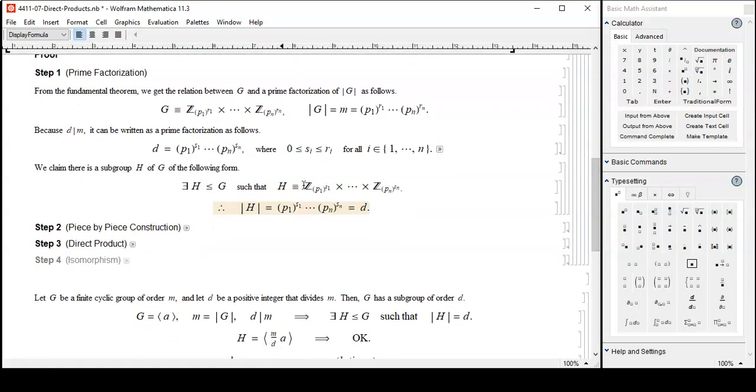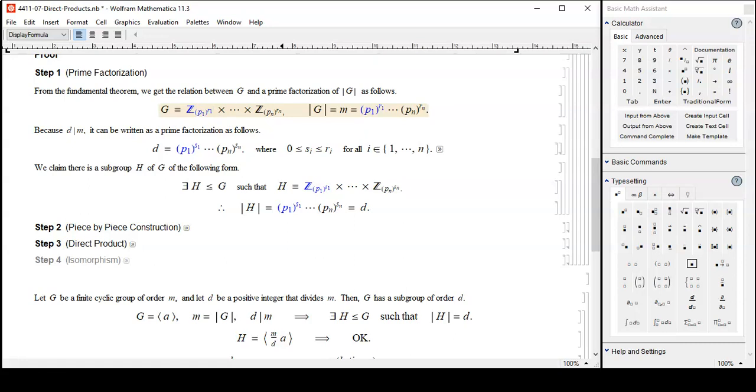So Z of p1 to the s1 power, which I just highlighted in blue, corresponds to this factor here, and that divides the first factor here for m, and that's going to be a subgroup of this blue one.